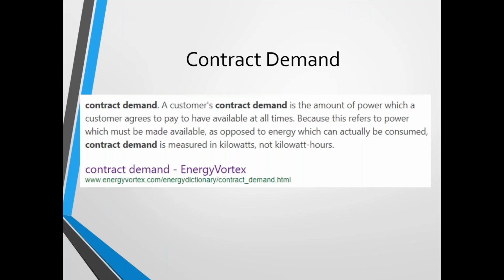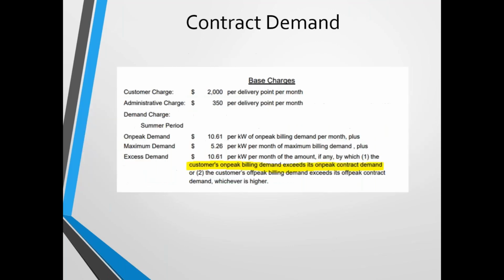And sometimes this contract demand is going to be part of the calculation that determines what your billed demand is going to be. Here is a case, I don't remember what utility this was, but they're saying it's $10.61 per kilowatt by which the on-peak metered demand exceeds the on-peak contract demand. So it's an extra 10.61 if your demand is higher than contract demand.